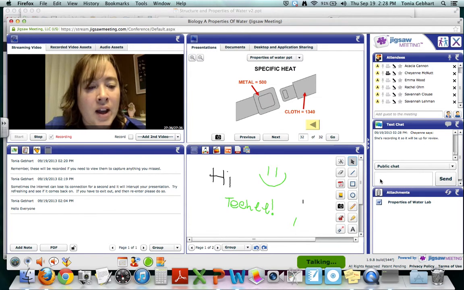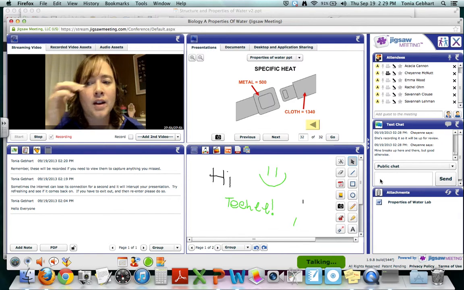The main important piece is that there is a properties of water assignment that if you have not done already, you will still need to do. The assignment is taking a lab and creating a properties of water lab. I believe it's assignment 1.04. For attending the lecture, you will get credit, but those of you that did not attend the lecture will still have to do an additional assignment.